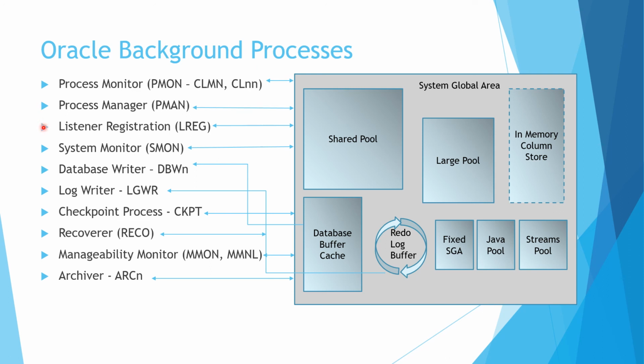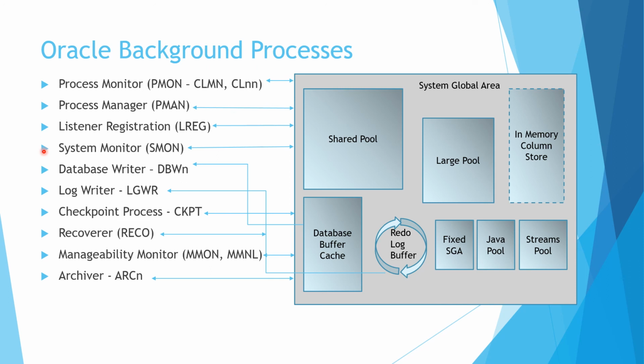The listener registration process, LREG, communicates with the Oracle Net Listener and database instance and dispatcher processes. It periodically contacts the listener and updates information regarding instances and services. The SMON system monitor process performs system recovery when instance fails.